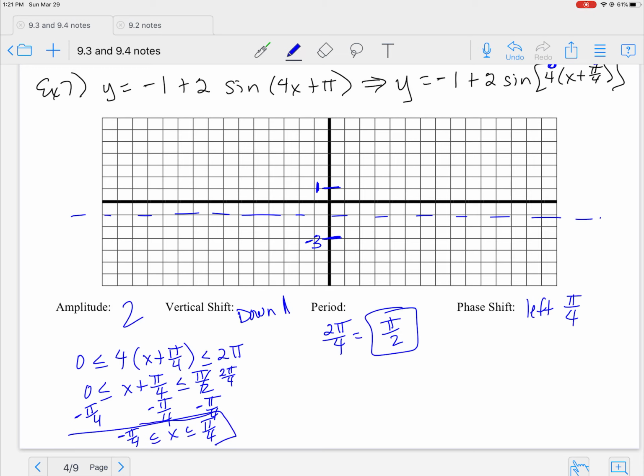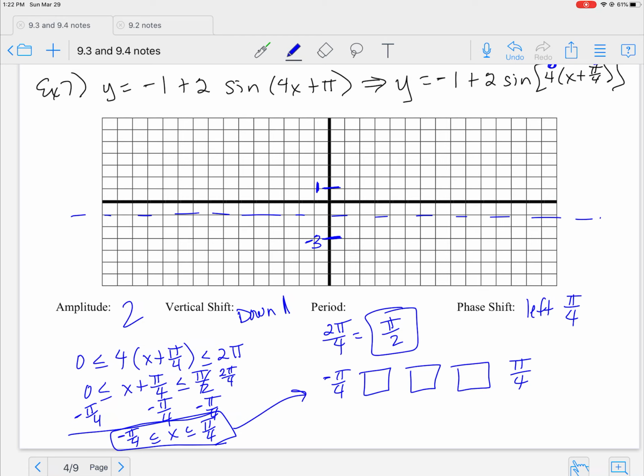So I'm going from negative pi over 4, which is less than or equal to x, if I get that common denominator. So I'm going from negative pi over 4 to positive pi over 4.